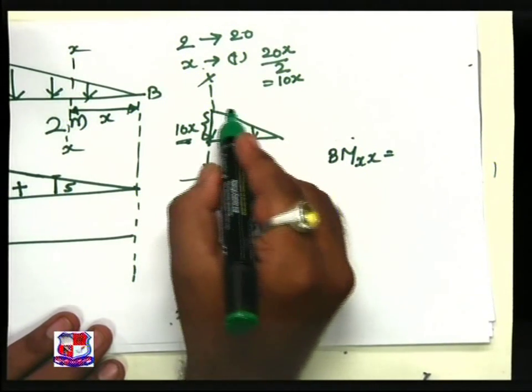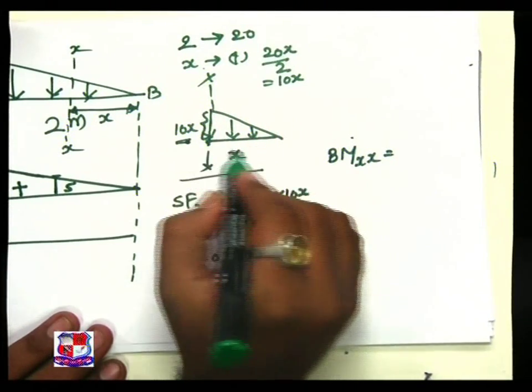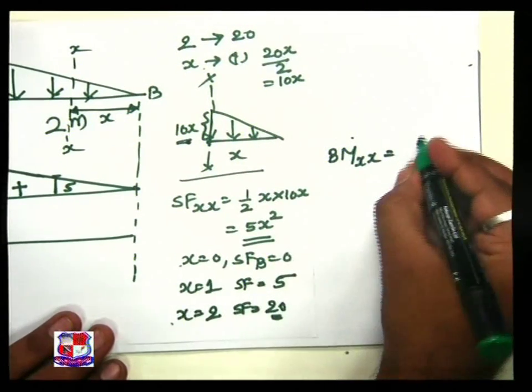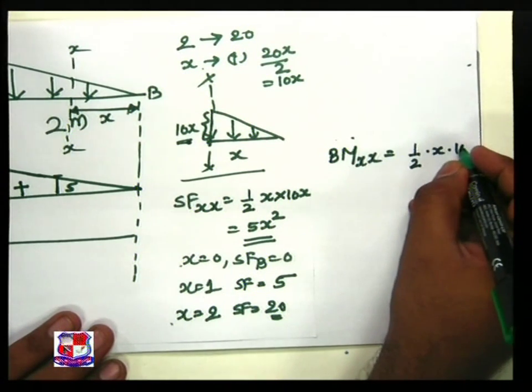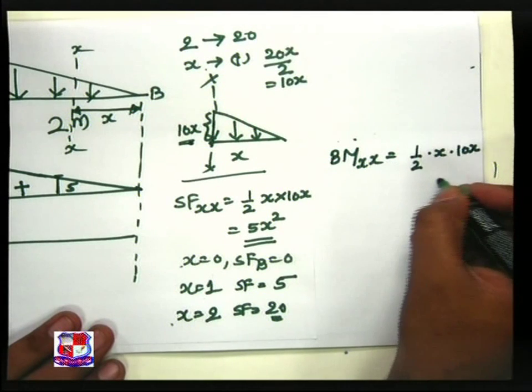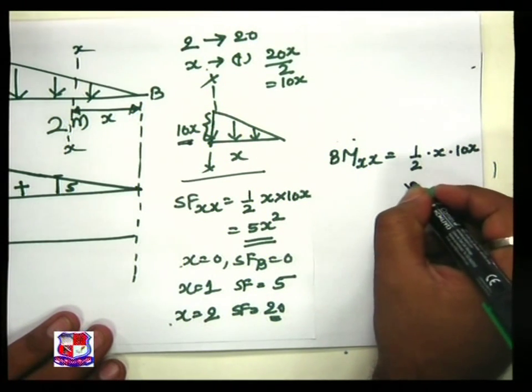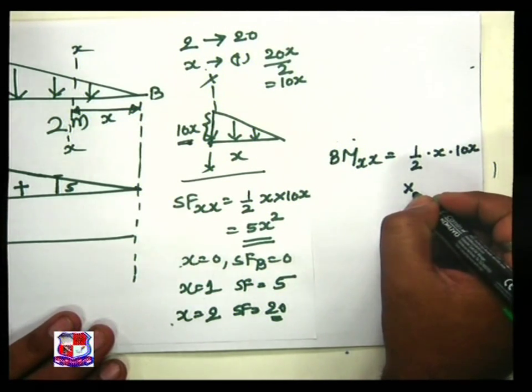So here the only single force acting is the triangular load, that is half into x into 10x. This is load multiplied by perpendicular distance.